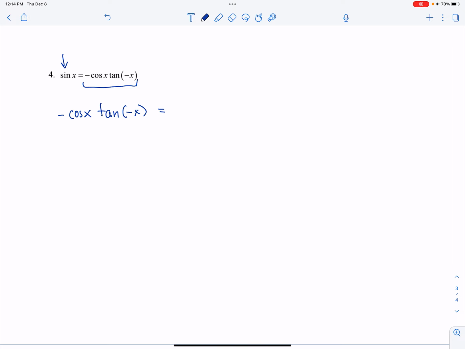And what we know about even odd functions is I can rewrite tangent of negative x. So I have negative cosine of x times negative tangent of x. And since I have a negative times a negative, I have a positive, so I have cosine times tangent.